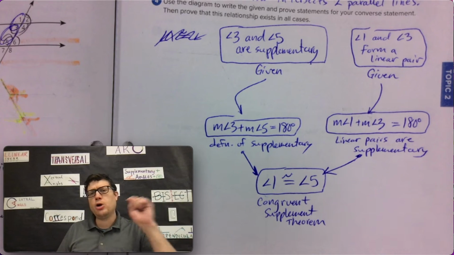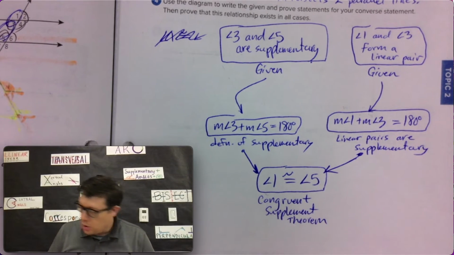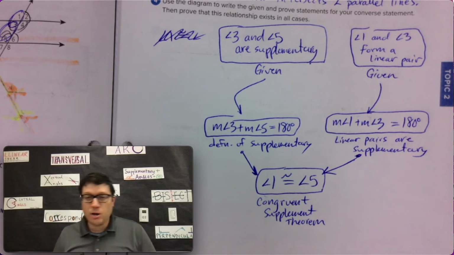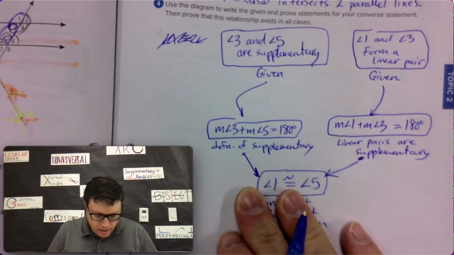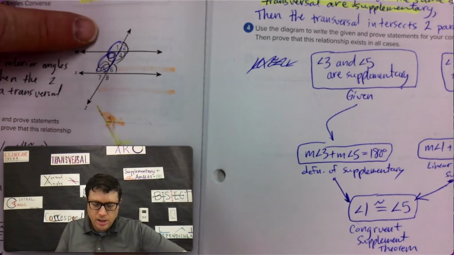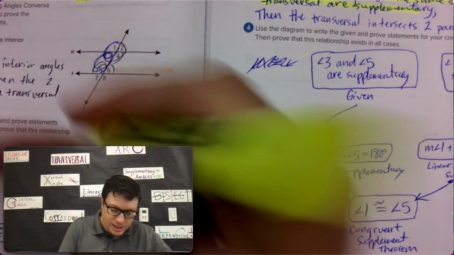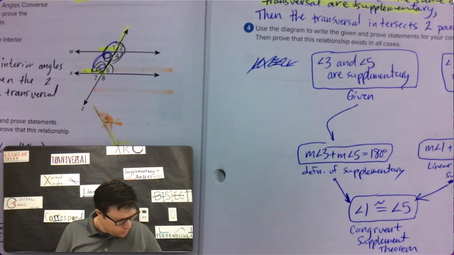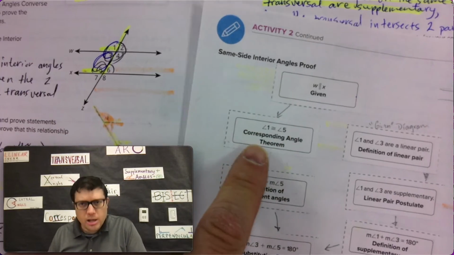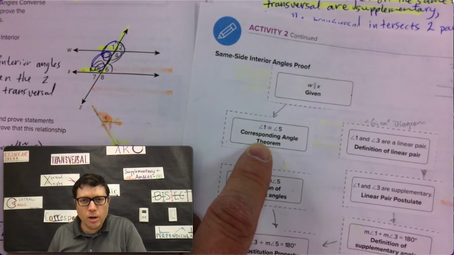Now, if you have angle 1 and angle 5 being congruent, we also know this. Angle 1 and angle 5 are corresponding. Look at the diagram. Slide it back over. See right here? Angle 1 and angle 5, they both open the same way. And because they do, which shouldn't really surprise us, that was on page 306, angle 1 and angle 5.